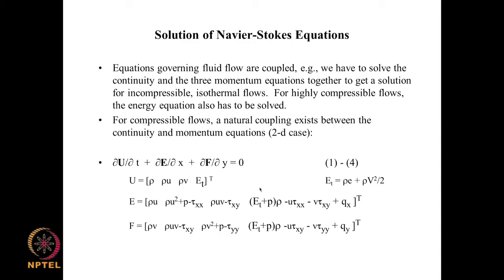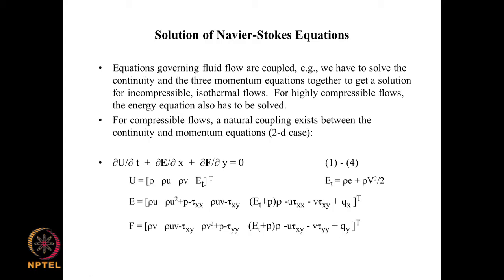So this is ∂/∂x of ρEt times u plus ∂/∂y of ρEt times v, and similarly ∂/∂x of pu plus ∂/∂y of pv, and then you have the work done by the stresses: τxx times u and τyx times v, then τyy times v and τxy times u here, and then the heat fluxes.